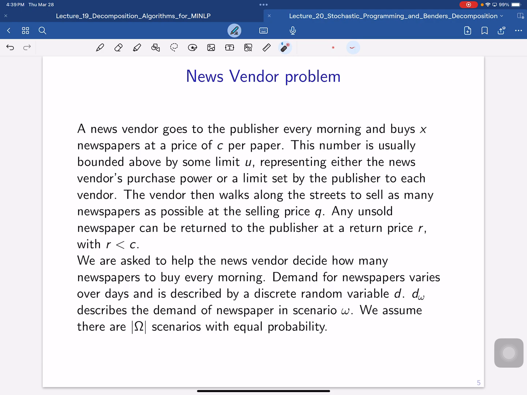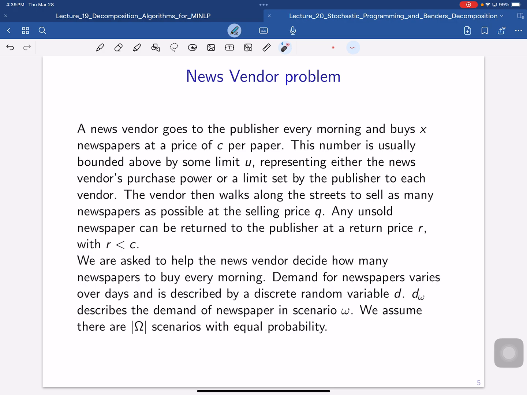C. So in other words, they got a bunch of newspapers. If they can sell all the newspapers, they are done. And of course, the selling price is higher than the purchasing price. But if they buy too many newspapers, they cannot sell all of them. Let's say if the demand is very low, you have to return the newspapers you cannot sell to the publisher.